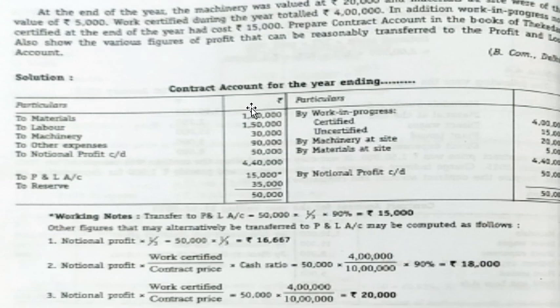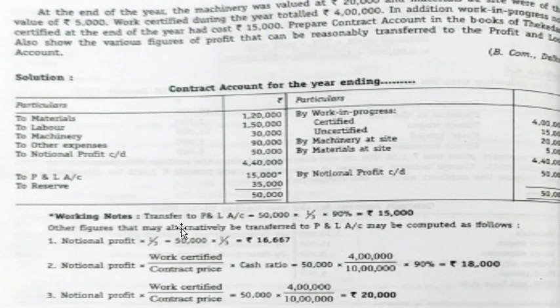When it lies between more than 25% and up to 50%, the formula will be notional profit into 1 by 3 into cash ratio, where the cash ratio is cash received divided by work certified. So here we will use that formula.